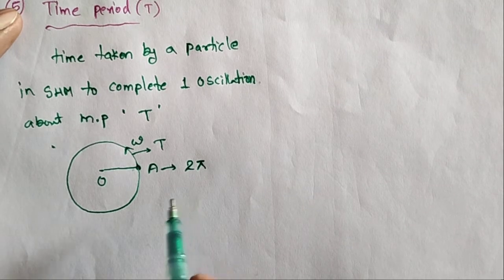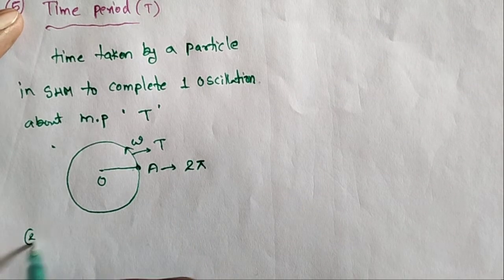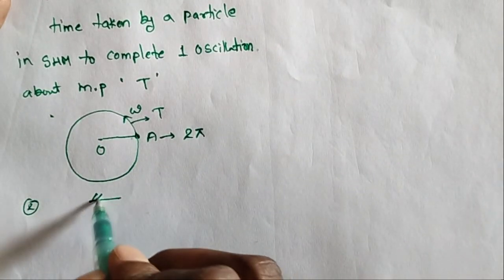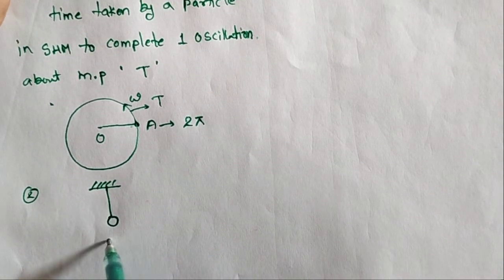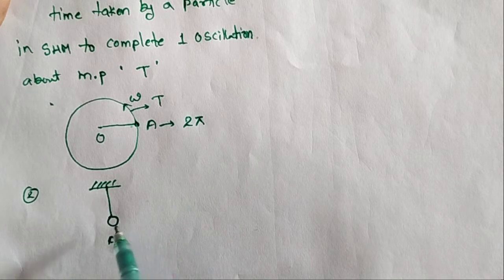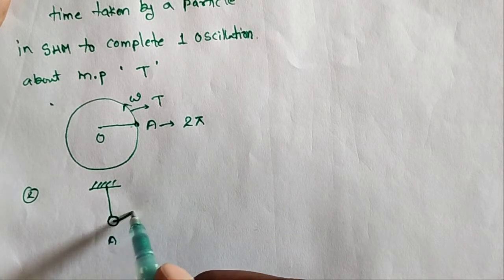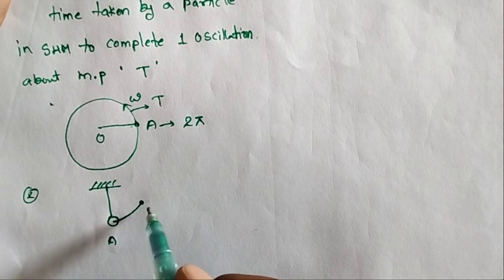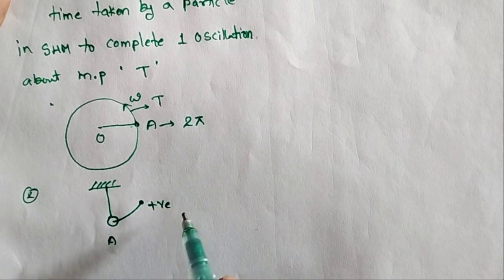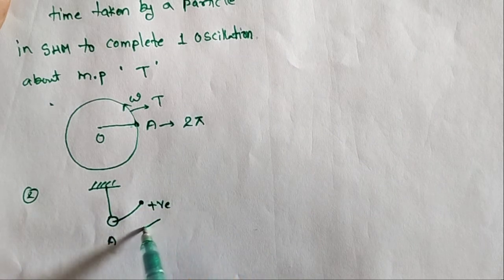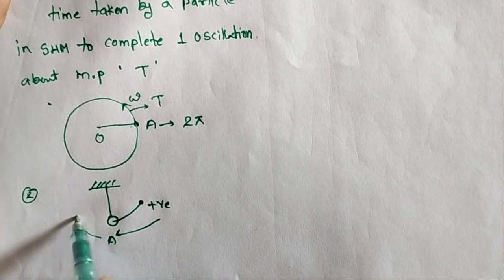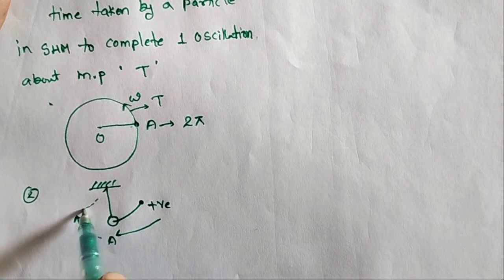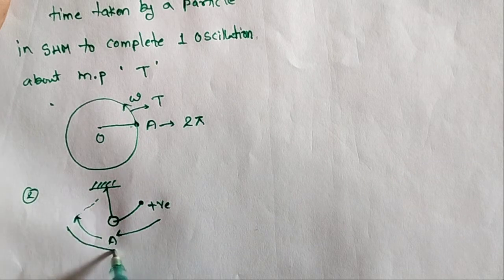Okay, and another example, the second example, I am taking the simple pendulum. What is the time period? So this is the mean position, here the starting position A, for example. When the particle is moving to the positive extreme position and it comes back to the mean position, and it goes to the left side, reaches the maximum position and comes back to the mean position.